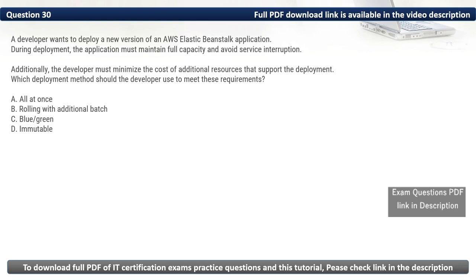Here in this question, the developer wants the application to maintain full capacity and avoid service interruption while minimizing the cost of additional resources that support the deployment. Considering this, the developer should use the blue/green deployment method. Thus, the correct option is C.